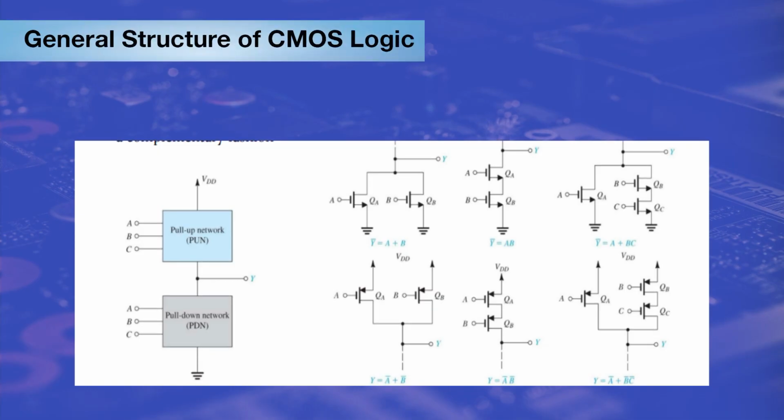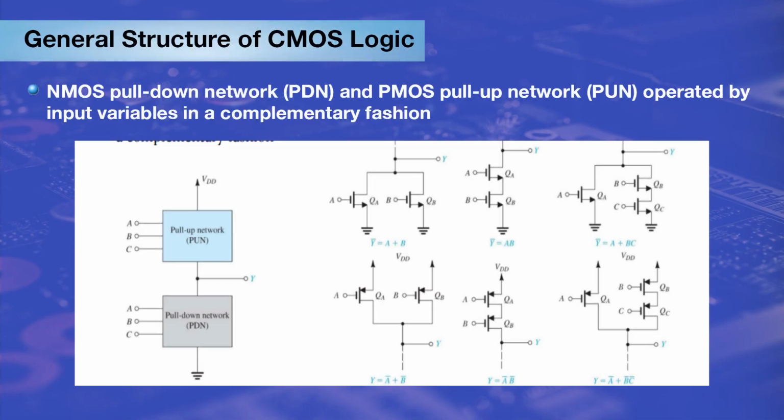Now the general structure of CMOS logic is presented here. The NMOS pull down network, PDN, and PMOS pull up network, PUN, are operated by the input variables in a complementary fashion.